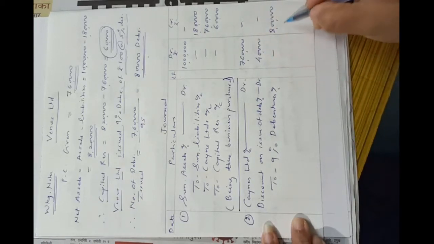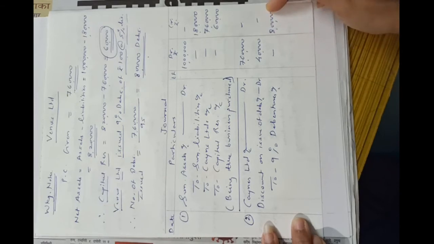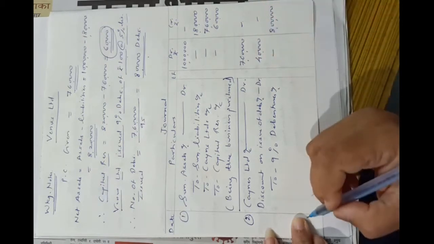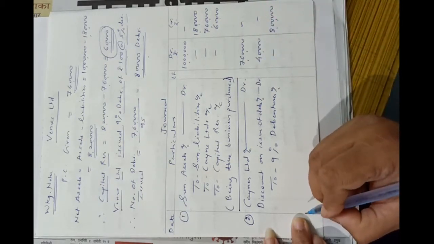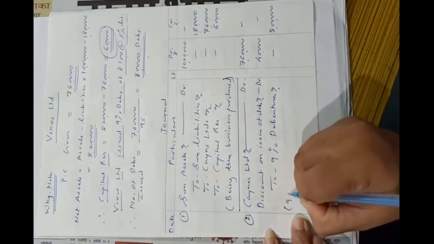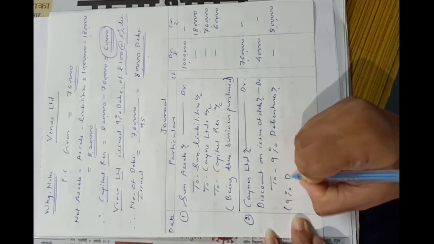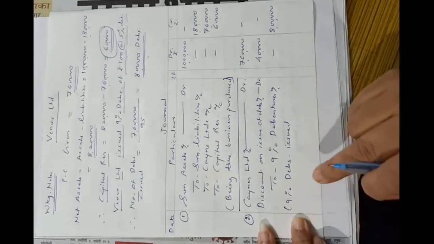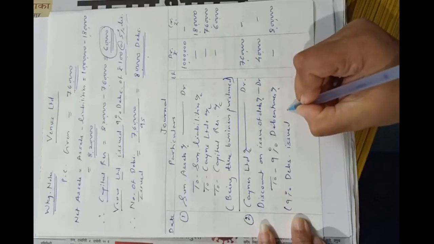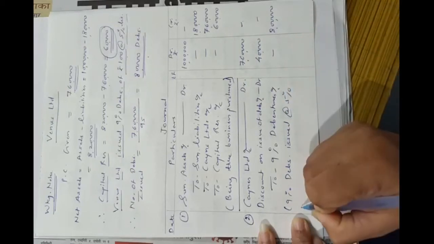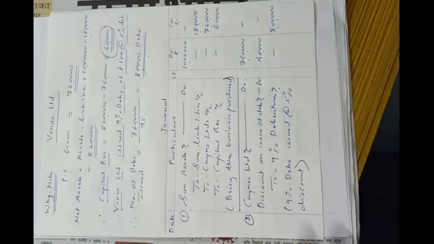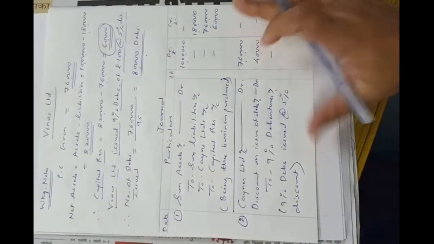That will be discount. That is 5% of this amount. 10% will be 80,000, 5% will be 40,000, which will be discount on issue of debentures. Okay. So narration will be 9% debentures issued. We can say here 80,000, 9% debentures issued at 5% discount. Okay, this will be the narration.